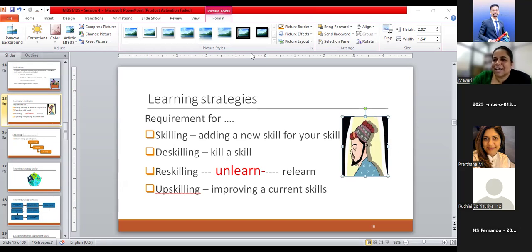Shah Jahan did not want his architect to build a similar masterpiece to the Taj Mahal. To avoid it, he had the architect blinded. De-skilling. You kill a skill.